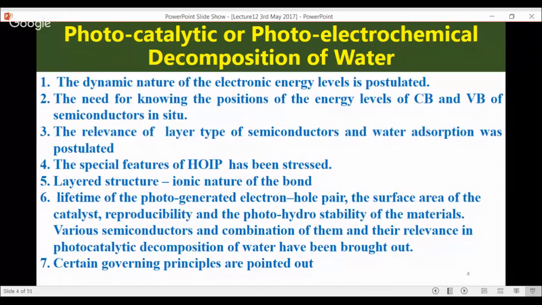Then we also mentioned certain governing principles that have evolved. One of them is layered material. Second thing is the D0, D10 configuration, and also the band gap of the semiconductors.